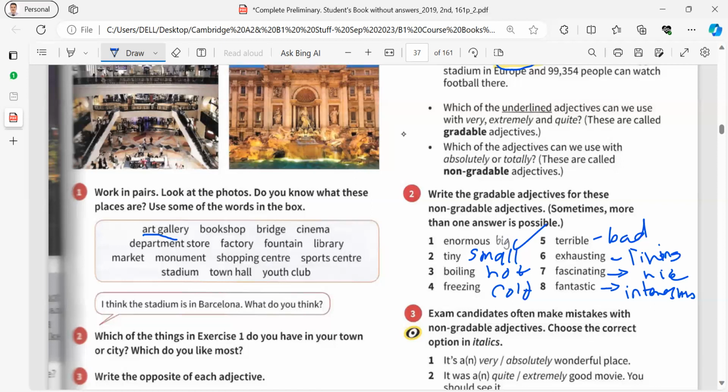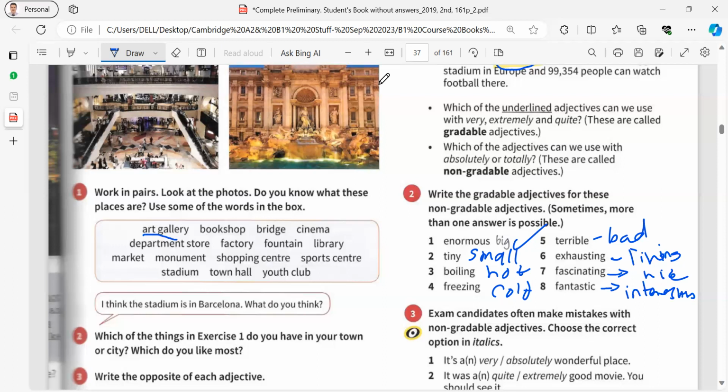Right? So here, you know what? The first ones are non-gradable. The ones I wrote in blue are gradable. So you can say very small. Can you say very tiny? No, you can't. Why? Because tiny, Nawaf, is a non-gradable adjective. It's already at the extreme, so I can't say very tiny.